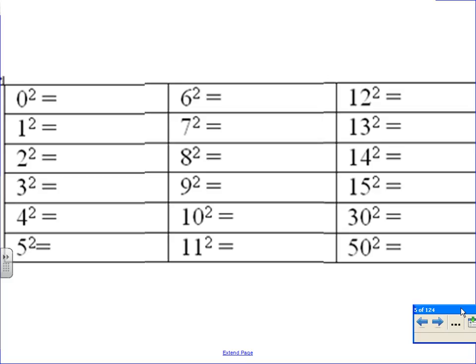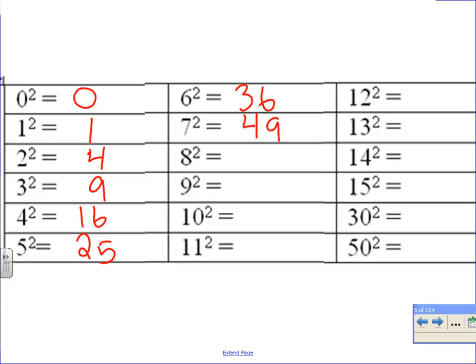So David, 0 squared is? Good. Greta, 1 squared. Good. Evan, 2 squared. Camille, 3 squared. Mike, 4 squared. Ray, 5 squared. Josh, 6 squared. Skylar, 7 squared.